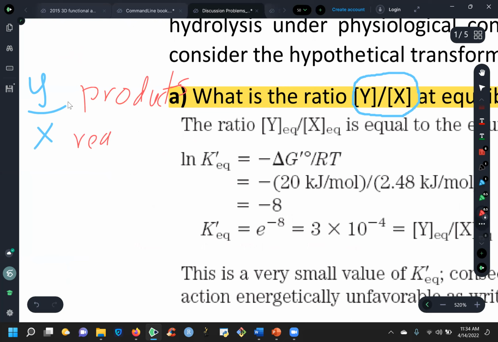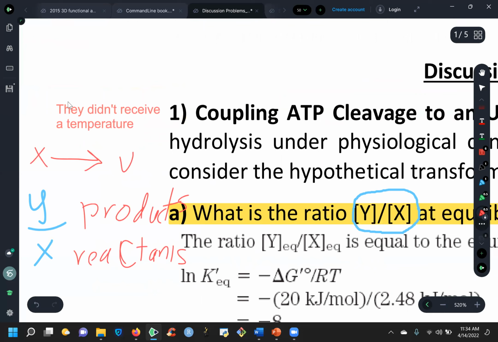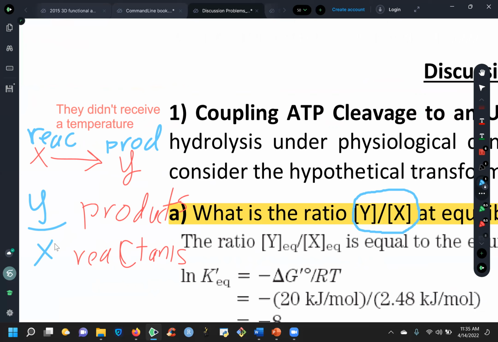Whenever you have a reaction that goes from X to Y, Y is the products and X is the reactants. So if you have a lot of products, and so your ratio of products to reactants is really high, then that means that the reaction is moving forward. And that means that you have energetically favorable, which means that your delta G is negative. You have to be able to make full circle that connection.